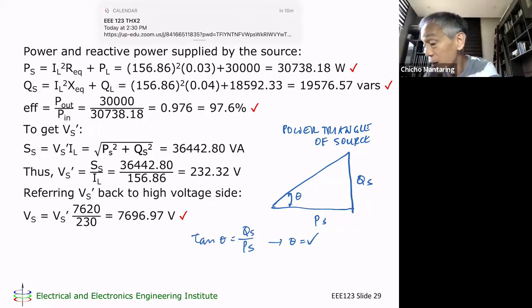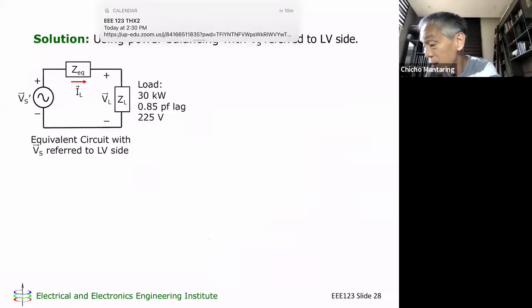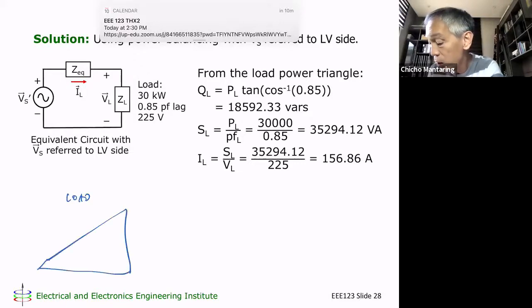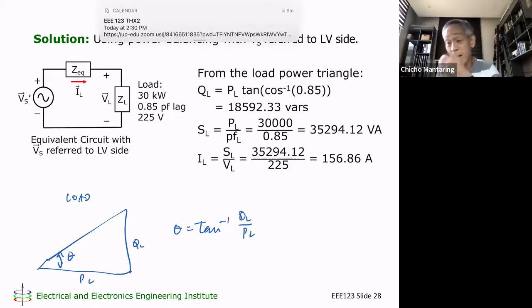Kung alam ko yung P of L at Q of L, right? The load. If I know P's of L, Q's of L, I can get this angle, theta. Theta is equal to arctangent of Q's of L over P's of L.